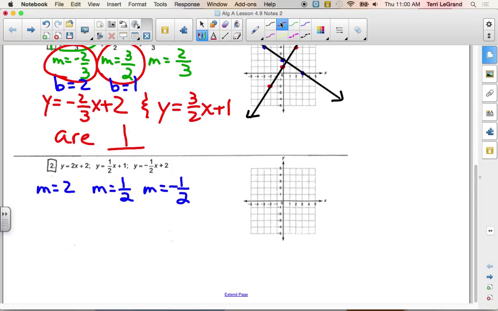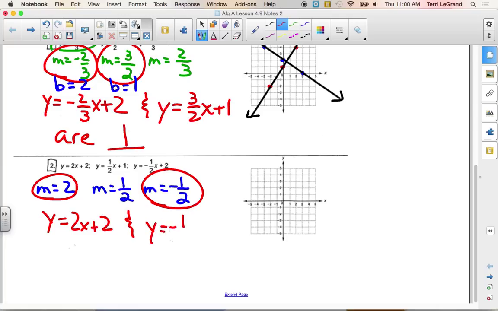So the 2 that are m equals 2, m equals negative 1/2. Those are the 2 slopes that are opposite signs and reciprocals. So we're going to say that y equals 2x plus 2 and y equals negative 1/2 x plus 2 are perpendicular.